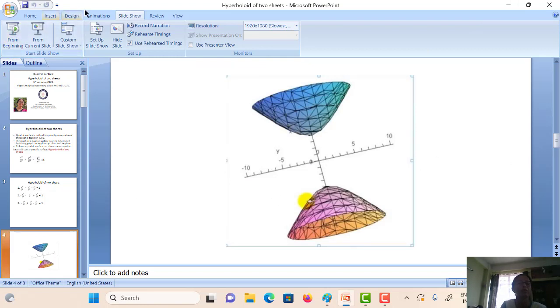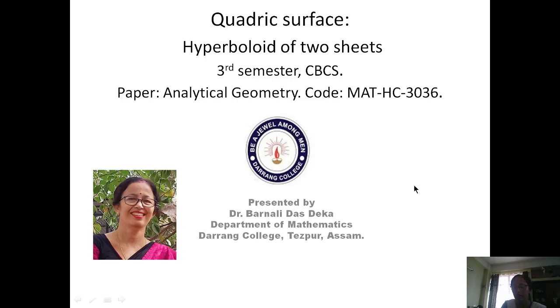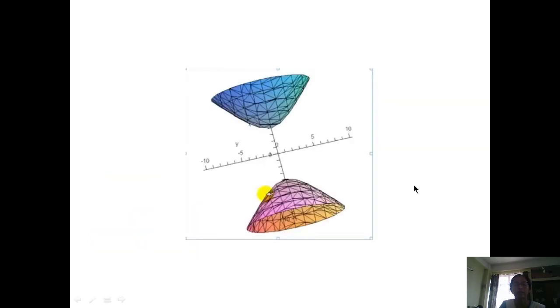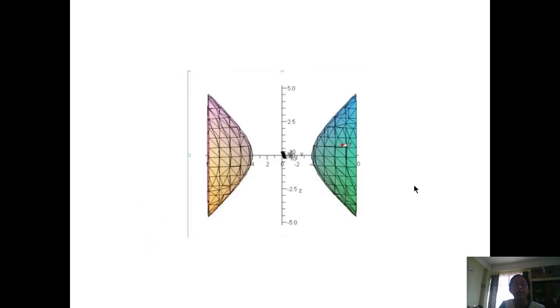Okay, so let me slide it from the beginning. Like this one. And here it is 4, but in our case it will be 5 here. The vertices will be minus 5 and here it will be plus 5. So slide this way.